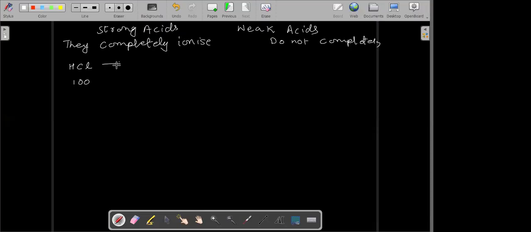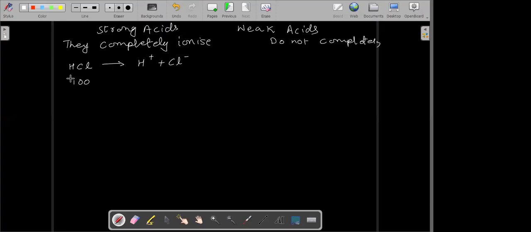HCl disintegrates to give you H plus ions and chloride ions. This is how we have studied the ionization. So out of a total of 100 molecules, maybe 99 or 98 are breaking up or splitting up to give you H plus. So this will be considered a strong acid.